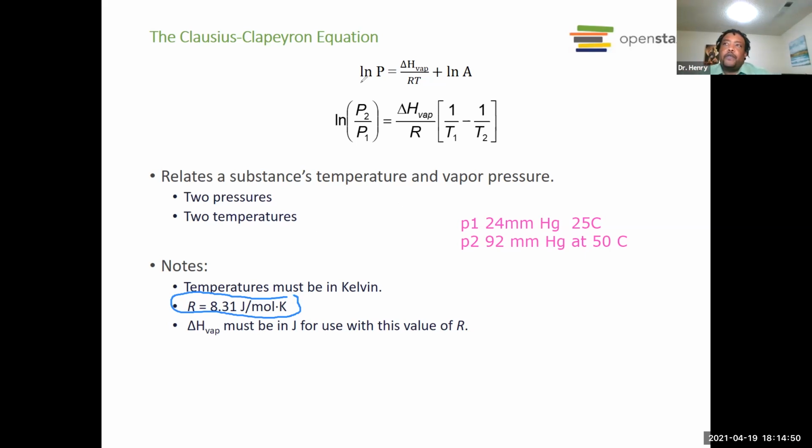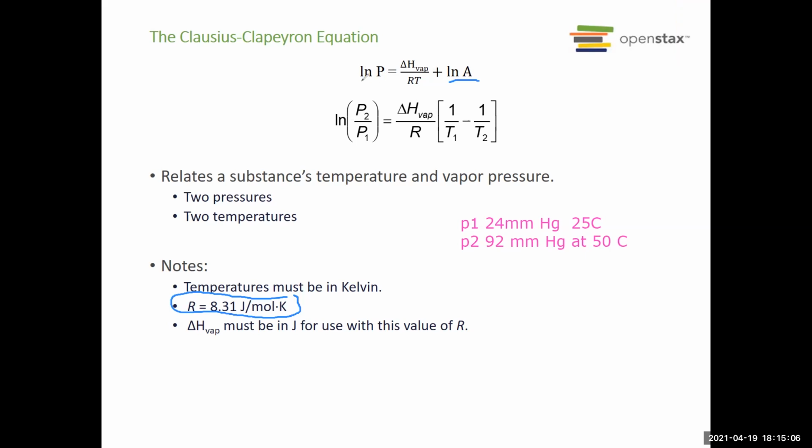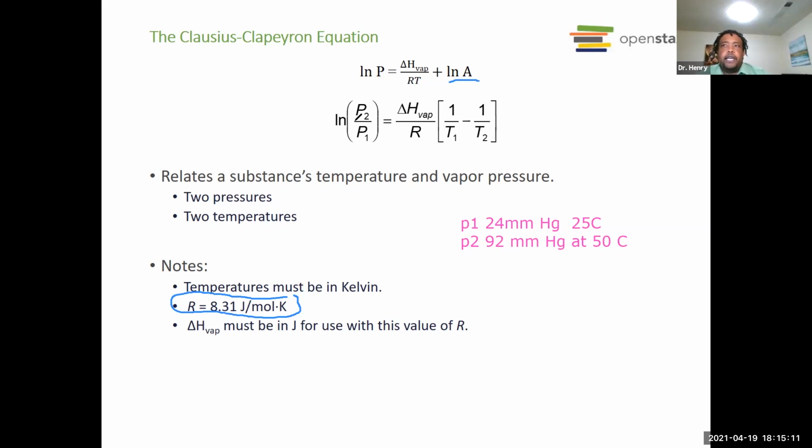If we modify this equation, the ln A is basically going to be a constant. Since it's a constant, we can set the equations equal to each other so that we have one pressure and a second pressure. If we do the substitution, we end up with ln P2 divided by P1 equals delta H vap, the enthalpy of vaporization, over the constant R, times 1 over T1 minus 1 over T2.